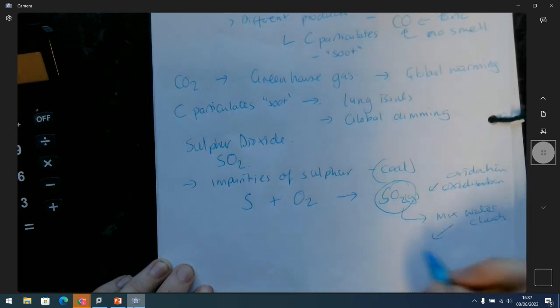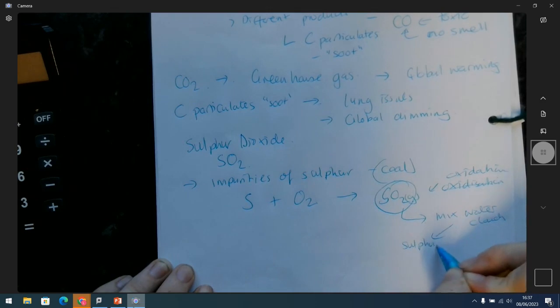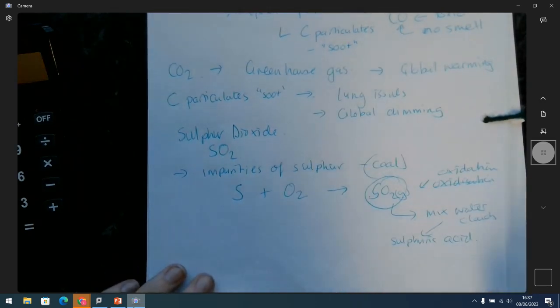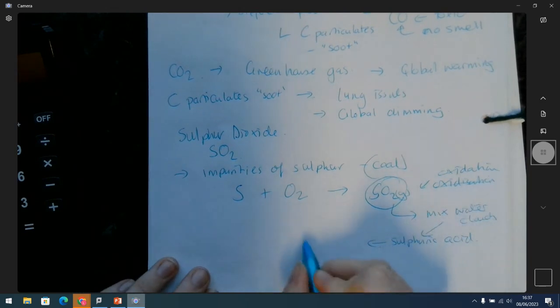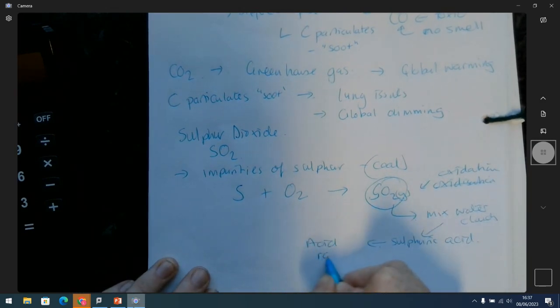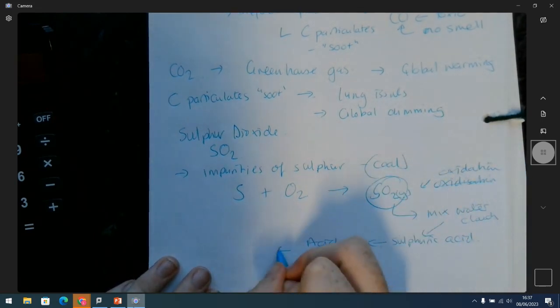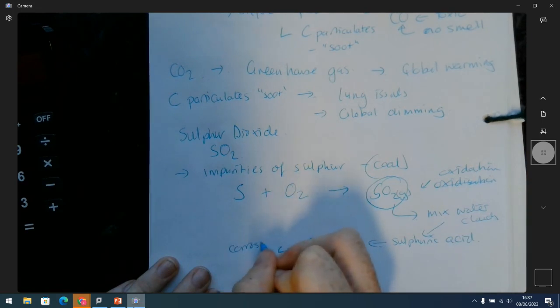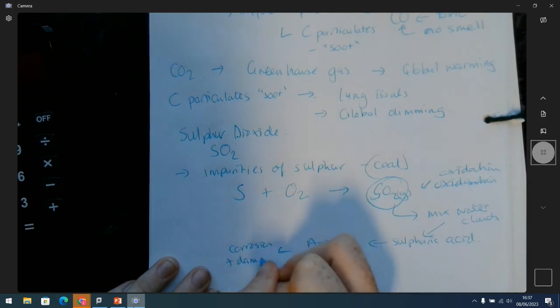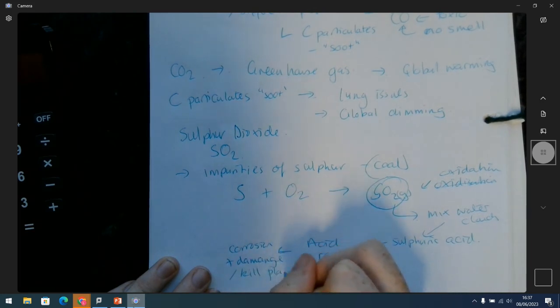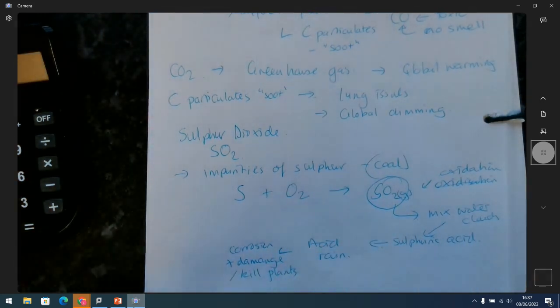And that then produces sulfuric acid, which you'll know as acid rain. And the acid rain then falls down, and it can lead to the corrosion of buildings and kills plants and things like that. So it can lead to corrosion and damaging plants. It could lead to rivers becoming more acidic, so therefore life can't live there as well.